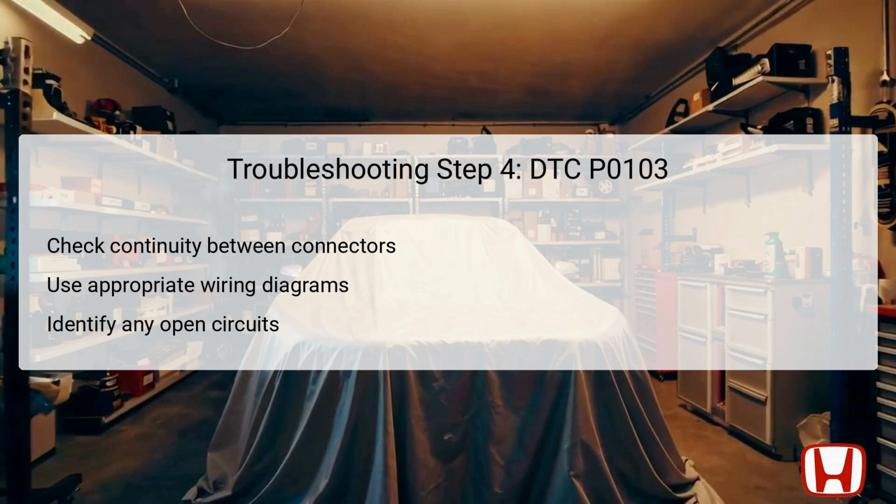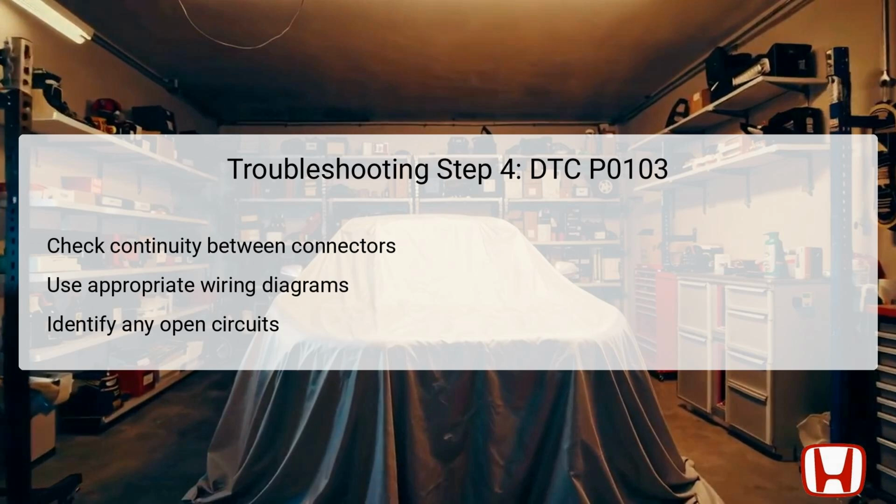This step is essential, as open circuits can cause failures similar to the high voltage condition indicated by DTC P0103. Referencing appropriate wiring diagrams can assist in identifying the correct terminals and ensure accurate testing.